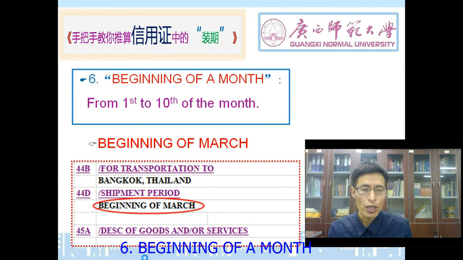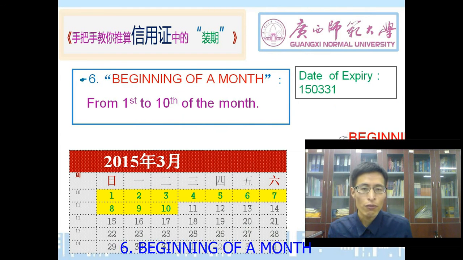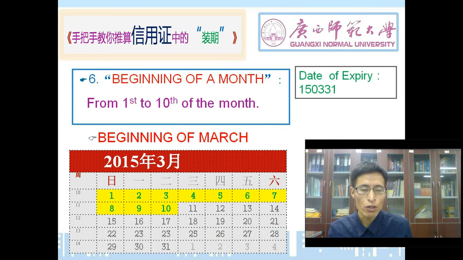Beginning of March refers to from the 1st March to 10th March. And also here we suppose that the date of expiry is 15/03/31. That is to say that the expiry date of the letter of credit is here 31st March 2015.